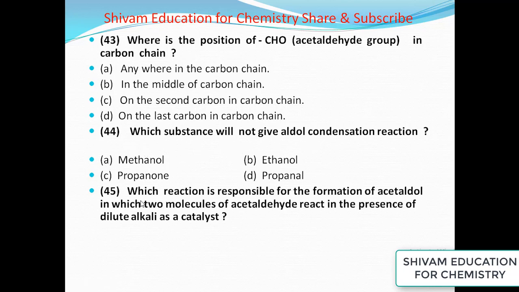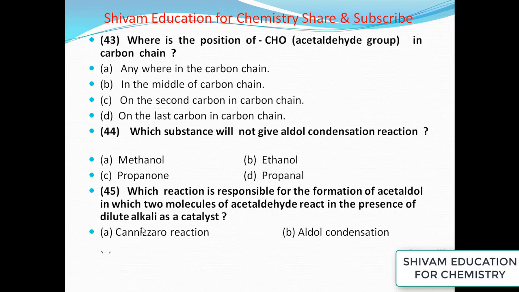Now question number 45. Which reaction is responsible for the formation of acetaldol in which two molecules of acetaldehyde react in the presence of dilute alkali as a catalyst? Now question क्या है? So which reaction is responsible for the formation of acetaldol when two molecules of acetaldehyde react in the presence of dilute alkali as a catalyst?